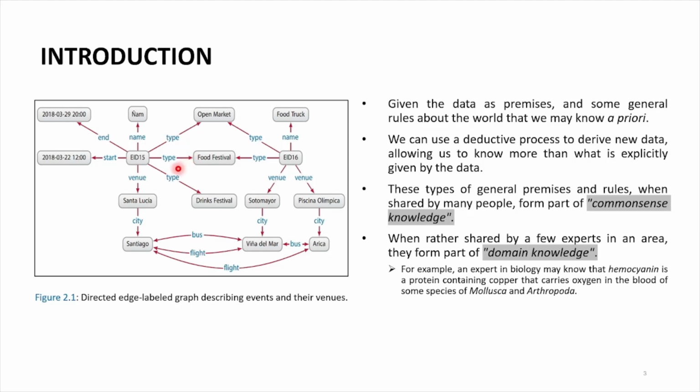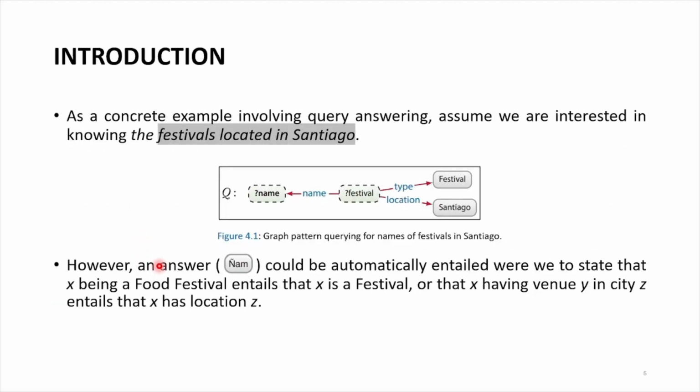There is no node named Festival, right? And nothing has directly the location San Diego. However, an answer, NAMM, could be automatically entailed where we just state that X being a food festival entails that X is a festival, or that X having venue Y in the city C entails that X has location C.